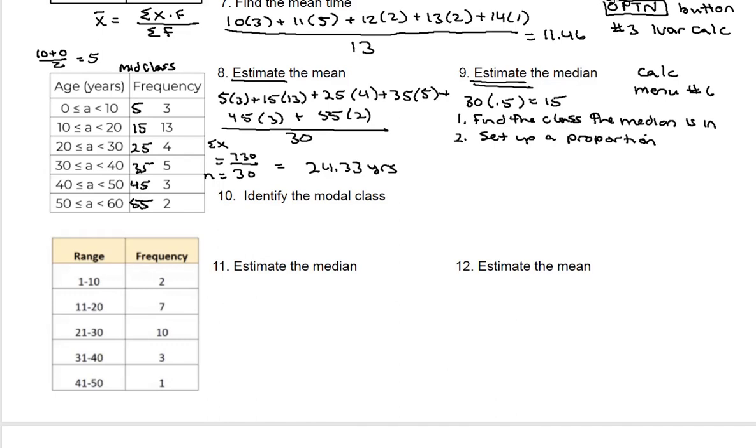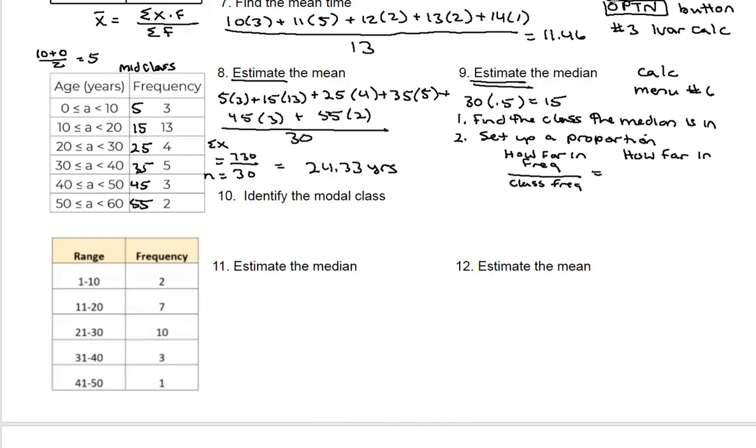Now the next step is we're going to set up a proportion. What we're going to do is figure out how far we went into that frequency, in this case of 13, and compare it to how big the frequency is, which is 13. And then we're going to set it up with a proportion with the class.